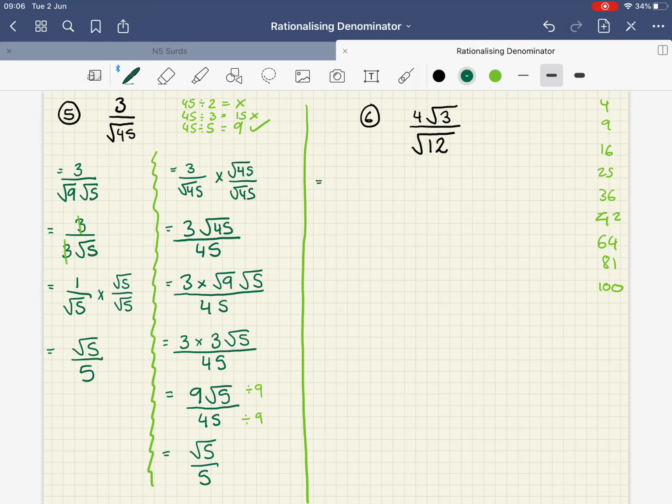So first, I'm going to simplify at the beginning. So I've got 4 over 4 root 3. And then that 12 divided by 2 gives me 6. Nope. 12 divided by 3 is 4. That works. So I'm going to have root 4 root 3.